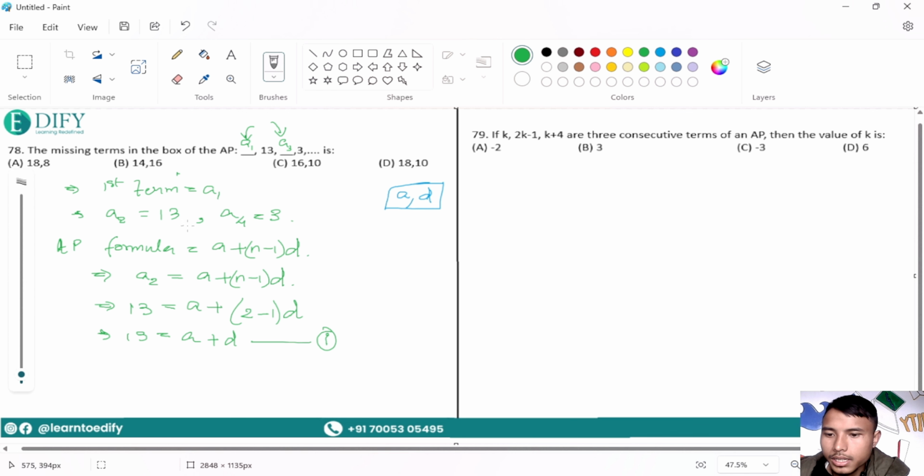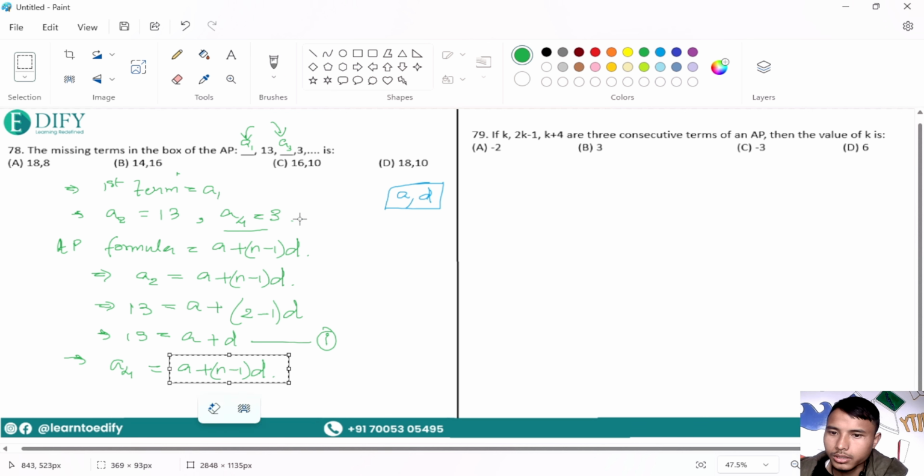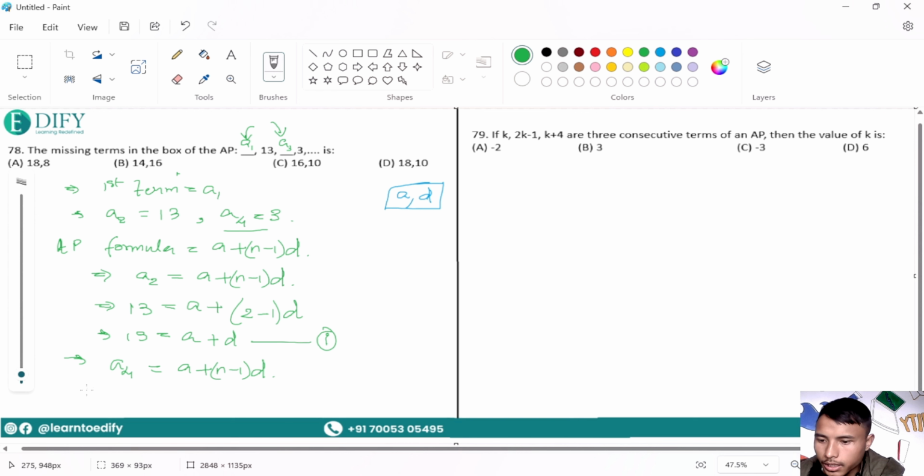Okay. Next, similarly, you use the formula in A4. Now that implies A4 is again equal to this formula. A4, it is 3. So 3 is equal to A plus N, this is the fourth term, correct?